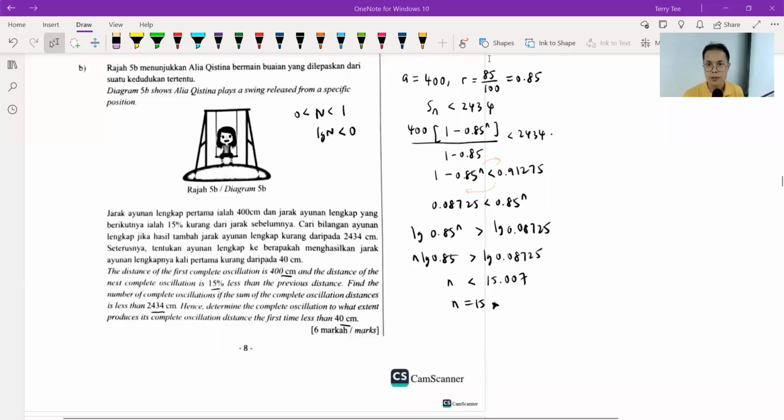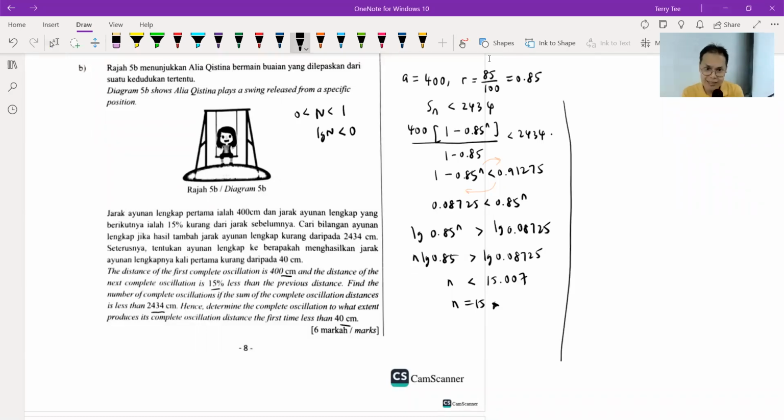Okay, there's one more part to this. Hence, determine the complete oscillation at which the distance first time is less than 40. So actually, you can't really use this result unless you want to use trial and error. You put in T15, where a is 400, then 0.85 to the power 15 minus 1, which is 14.